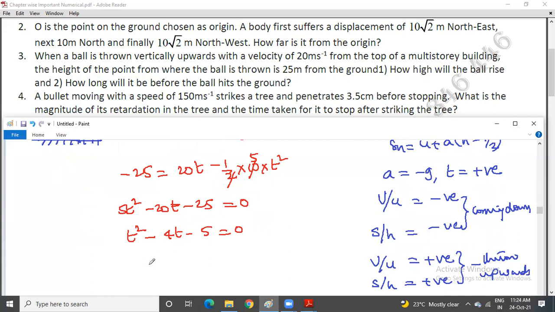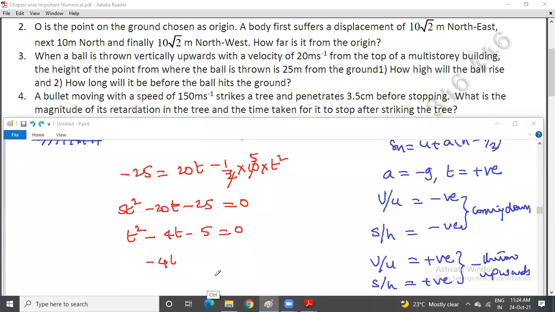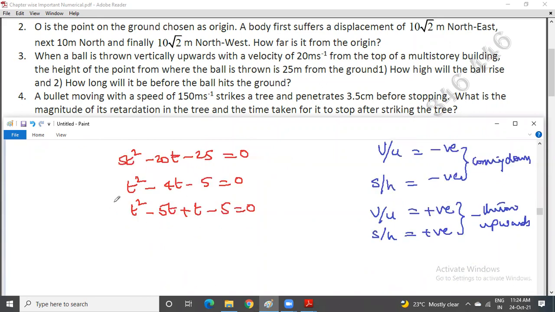So you take the quadratic equation: minus 5t plus t, because you need to get minus 4 with minus 5 is equal to 0 and t square. So you take out common t here, t minus 5. Once again, you take one common, t minus 5.